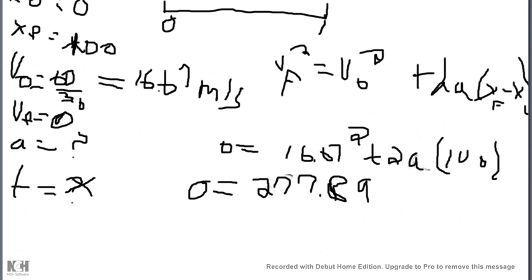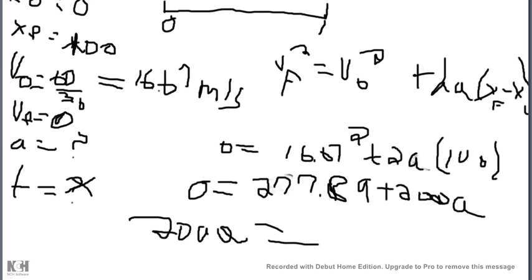What's 2 times 100? 200, plus 200A. I'm going to do two things in one time. I'm going to bring the 200A across the bridge, which is going to make it negative, but I know I'm going to switch it anyway, so I'm going to make it 277.89 negative.